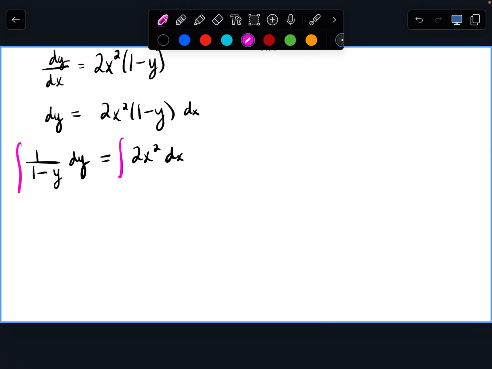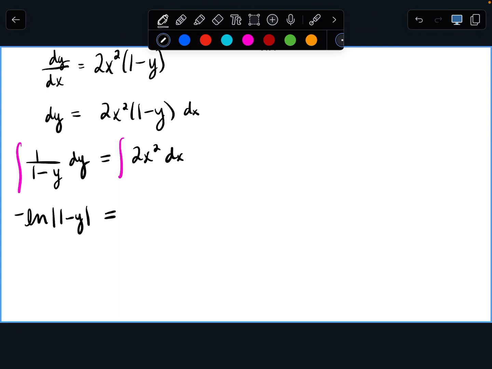And this first one is going to be what? You could do a u sub, or know what it is? What is it? Yeah. Negative natural log of 1 minus y.